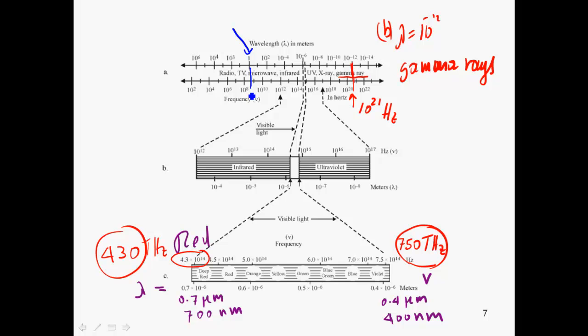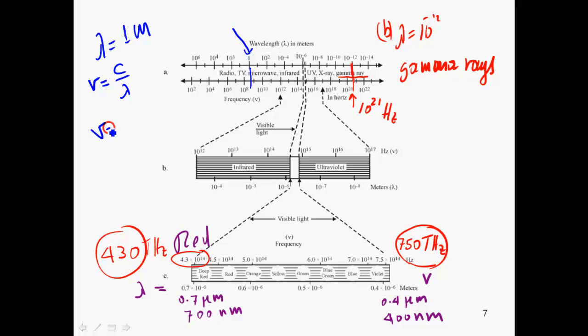But 1 meter, the frequency, excuse me, UHF. Yeah, 1 meter is 300 megahertz. It's UHF. It's television. So you can do it this way. See, lambda is 1 meter. Okay. You can see from the graph here, it says it should be actually TV, not microwave. Microwave is much higher. But to find the frequency, nu is c over lambda.